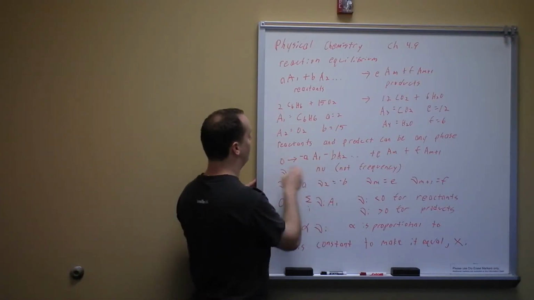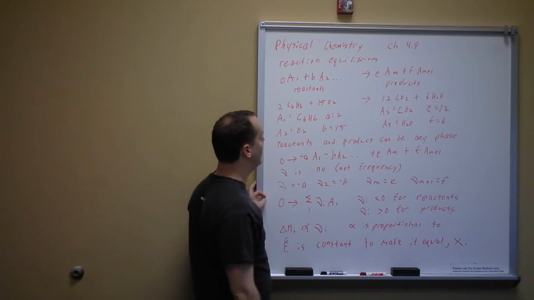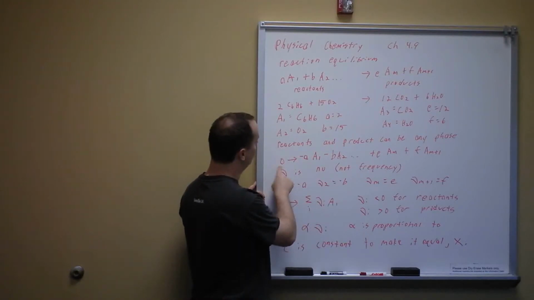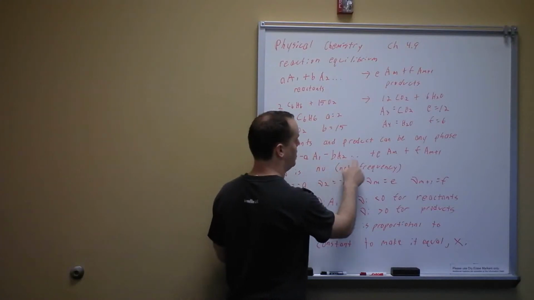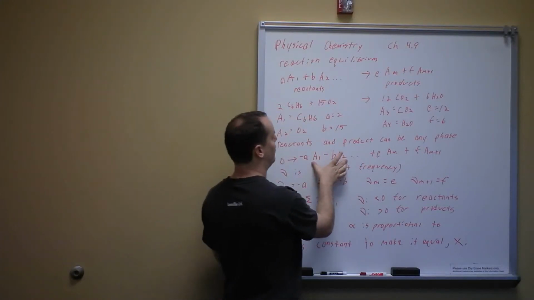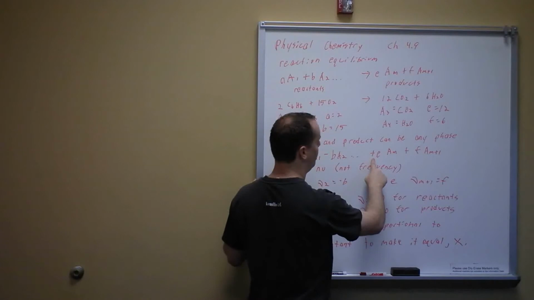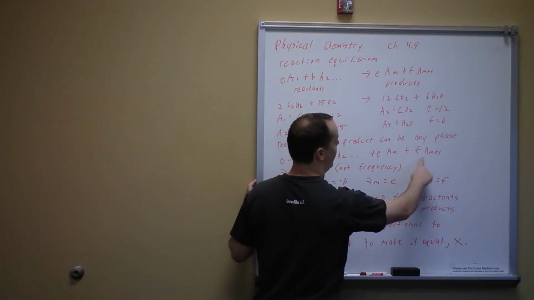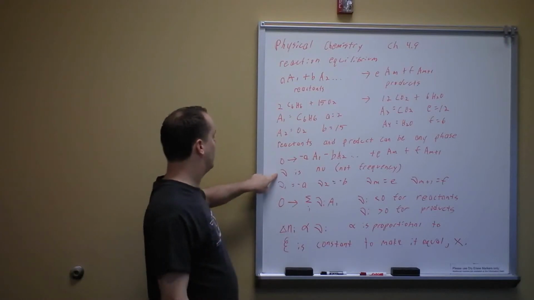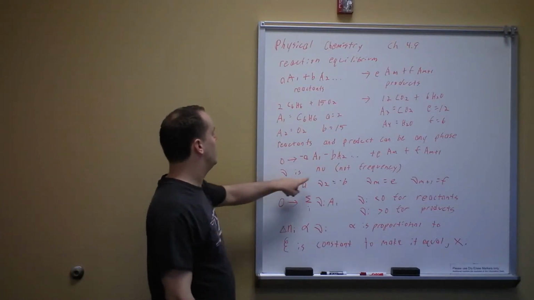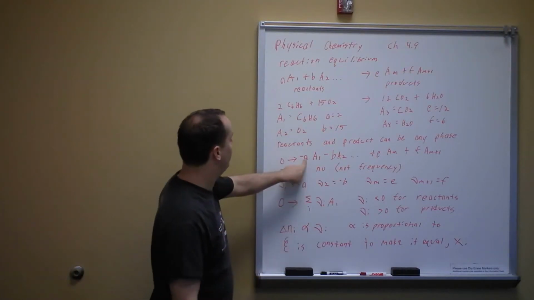Now, we want to get all this on one side, so we're going to subtract the reactants from both sides. So we're going to go from 0 to minus a A1, minus b A2, etc. So we're going to have minuses for all the reactants, but we still have plus e A m, plus f A m plus 1, etc. for all the products. Now we're going to use the symbol nu to mean this number here.